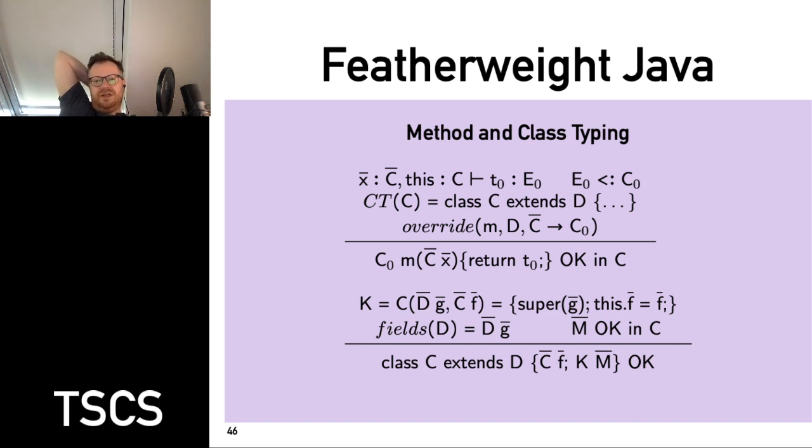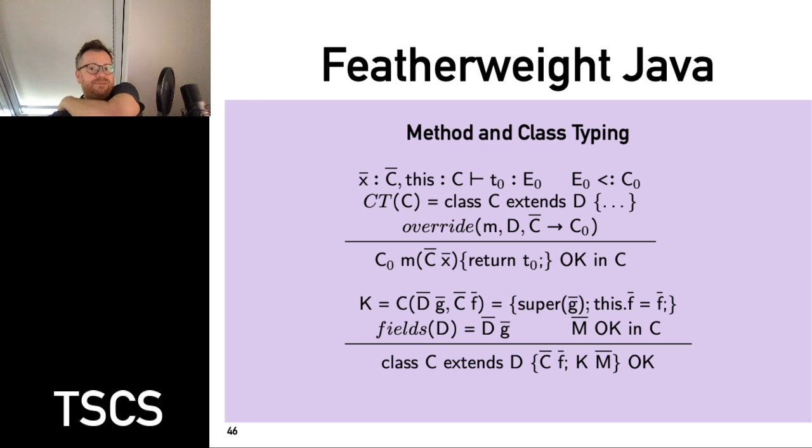So DG and CF, this is the K definition in the premise. And this, again, is the implementation of that: super of all the G types, and then an initialization of all the fields in this F vector. And then there is a fourth premise which says, okay, the method vector is also okay in C. And to be able to do this, this is the rule above.